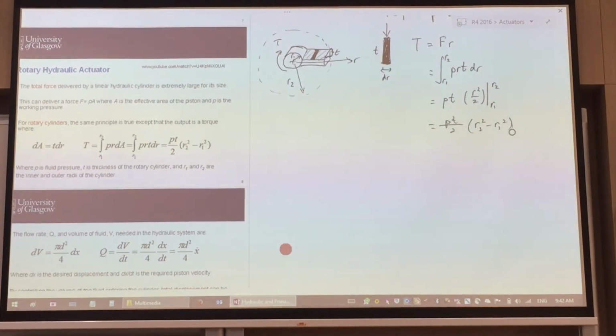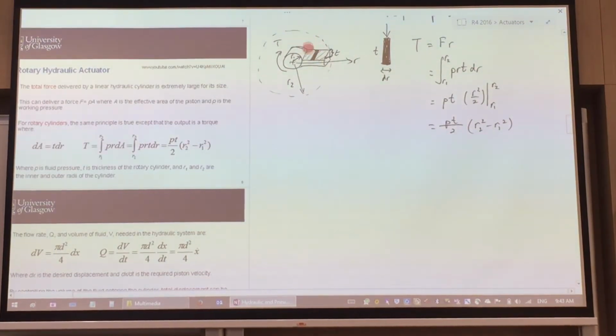Okay, these are the questions that I have for you. If you think about it, this thing is being pushed, and there's a certain amount of volume of fluid that needs to come in order to push it.